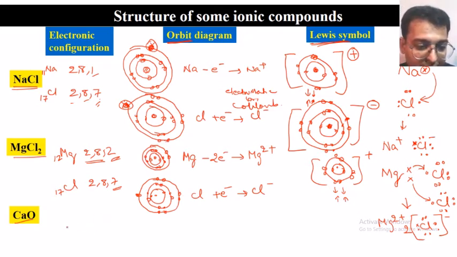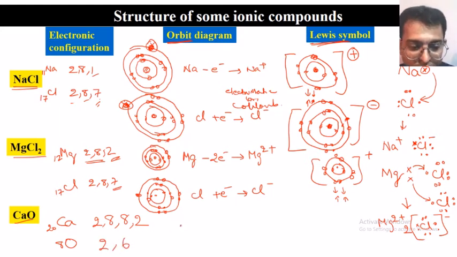Okay, next calcium oxide. Calcium atomic number 20, oxygen atomic number 8. So calcium is 2, 8, 8, 2, and oxygen here is 2, 6. So how many orbits do you have to draw?